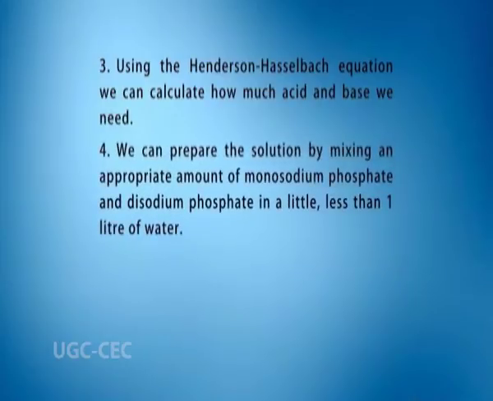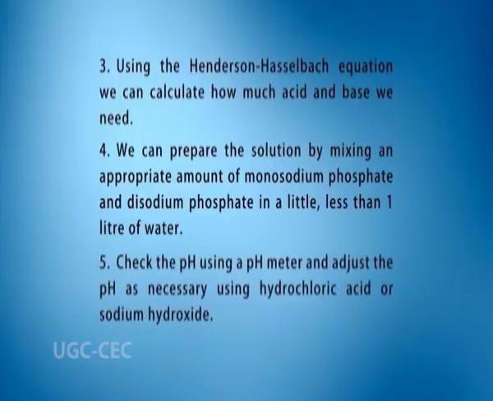Fourth, we can prepare the solution by mixing an appropriate amount of monosodium phosphate and disodium phosphate in a little less than 1 liter of water. Fifth, check the pH using a pH meter and adjust the pH as necessary using hydrochloric acid or sodium hydroxide.